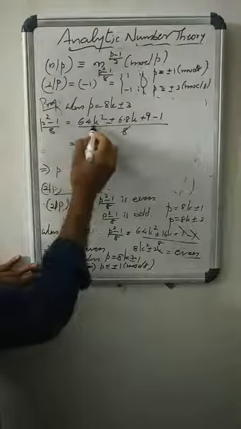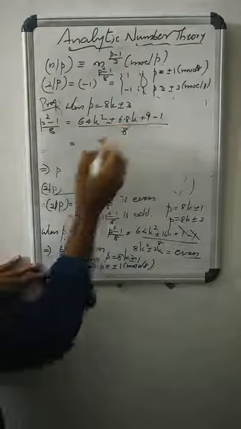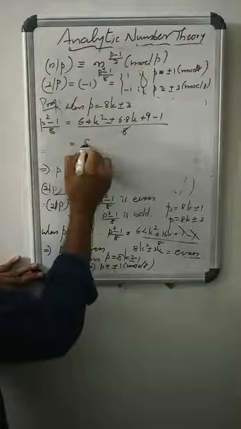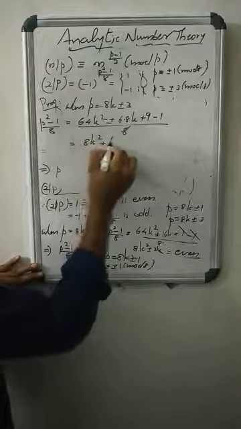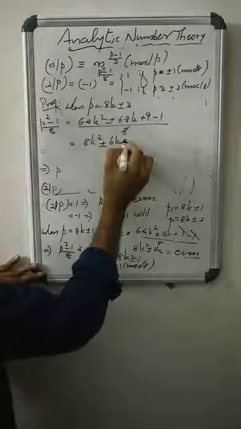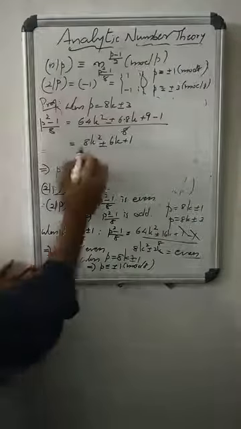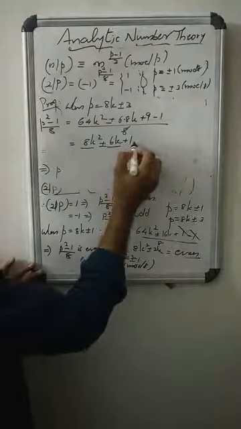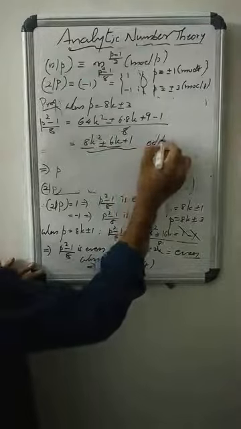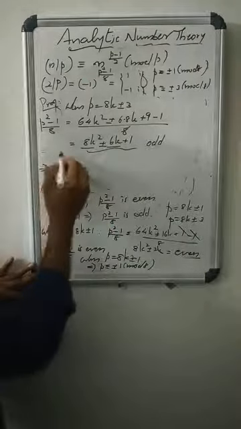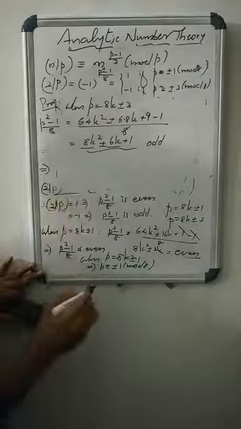That equals 8k² plus or minus 6k plus 1. Agreed? 8k² is even, 6k is even, plus 1, so this total is always odd.